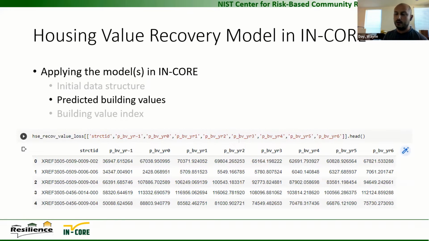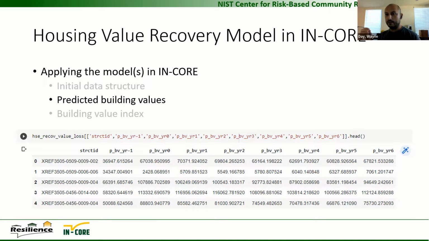Taking those values for each of the variables and then multiplying them by the coefficients from the model, you get predicted building values for each year. So these are the predicted building values for each structure. And then next, we can take these predictions and index them to produce an index per housing structure, per housing unit, essentially, in the single family case.